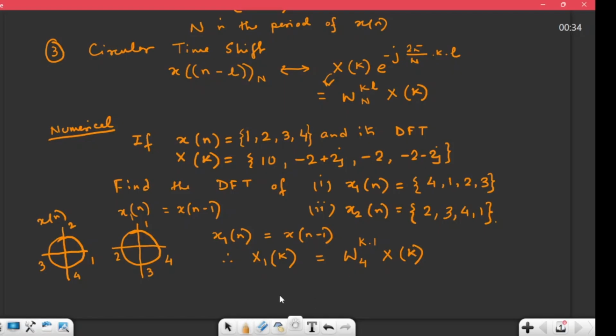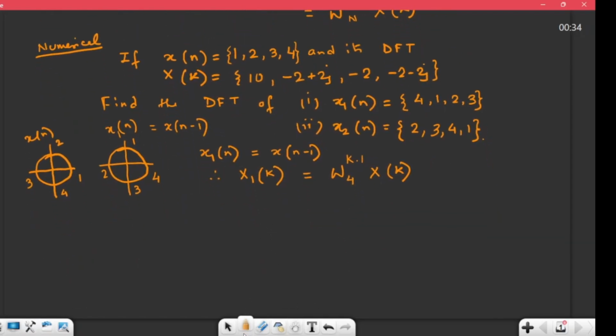Now we will find different values of X1 for different values of k. For k equal to 0, X1(0) is equal to W4^0 X(0), which is 10.